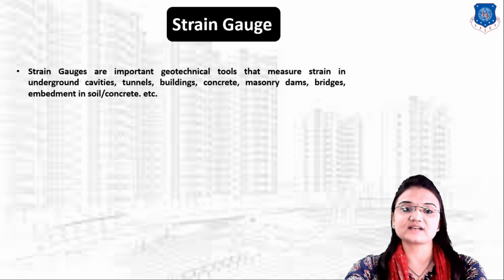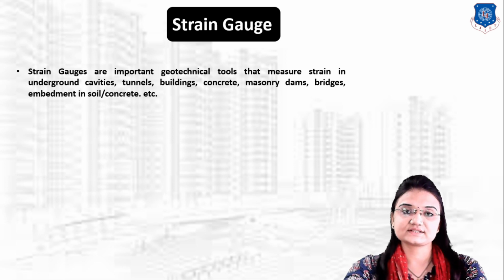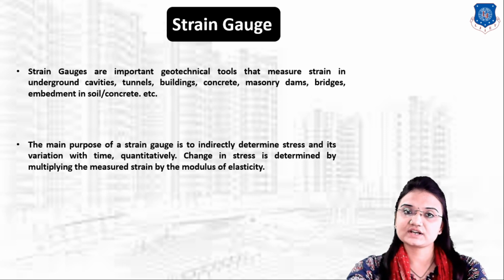Strain gauges are important geotechnical tools that measure strain in underground cavities, tunnels, buildings, concrete, dams, bridges, and in soil and concrete. The main purpose of a strain gauge is to indirectly determine stress and its variation with time.